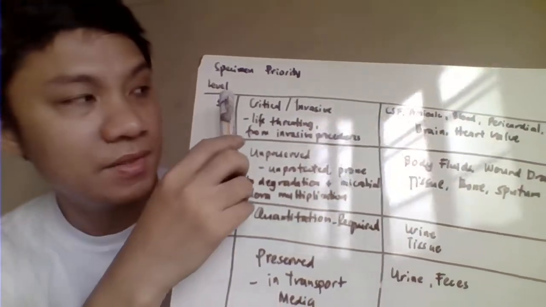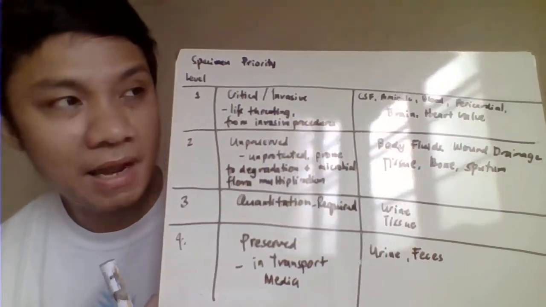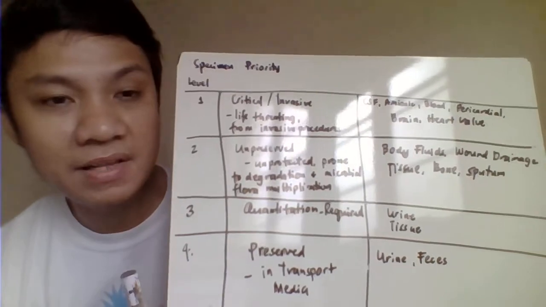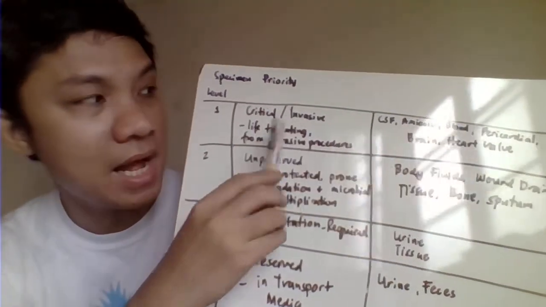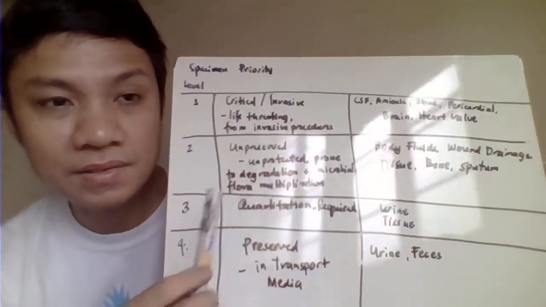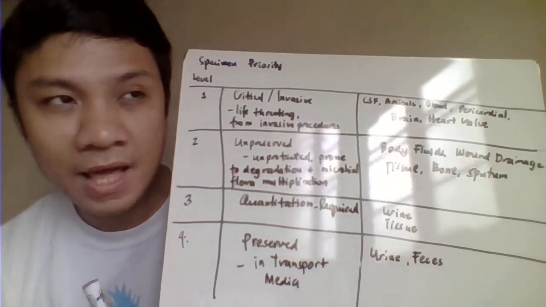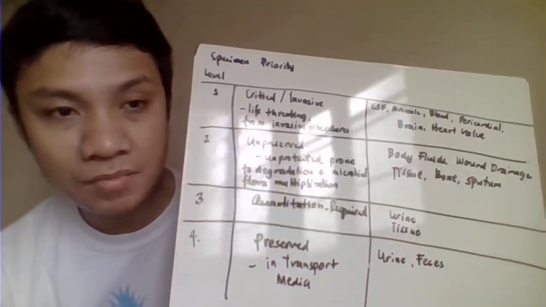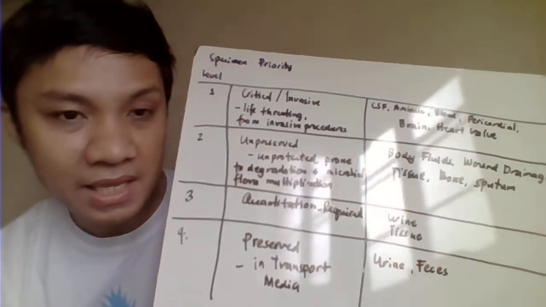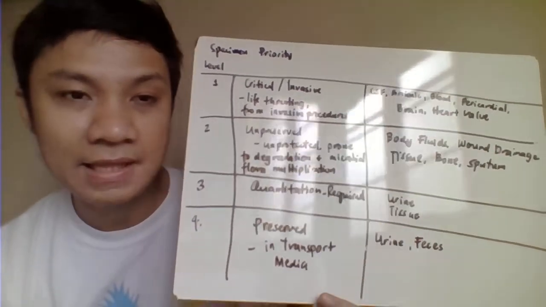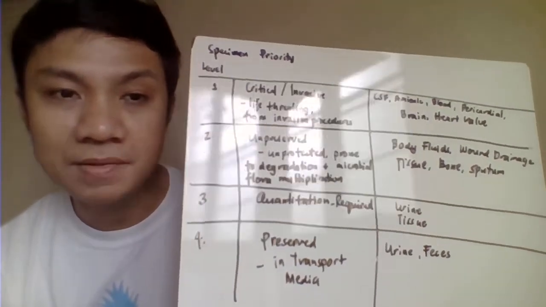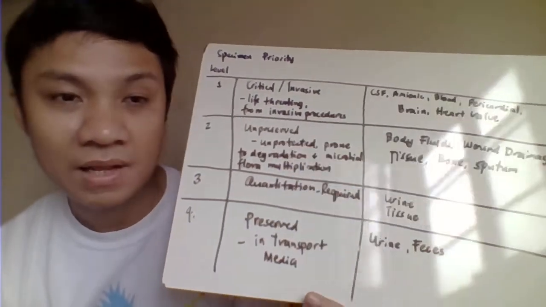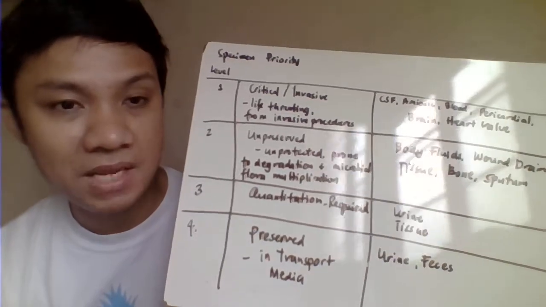Level 1 specimen is labeled as critical or invasive. It is critical because the bacteria isolated from this type of specimen are very life-threatening. So we need to process it right away to know if it is positive or negative. If positive, it endangers the life of our patient.